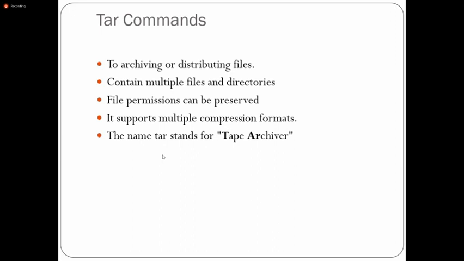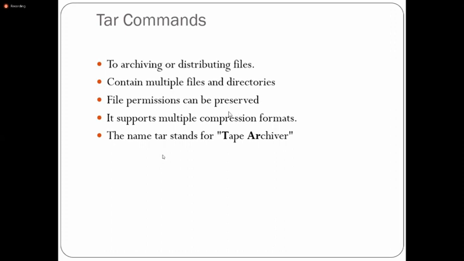There's a special option for keeping the file permissions as it is. Then when you extract, the same permissions of the original files will be applied to the extracted files also.